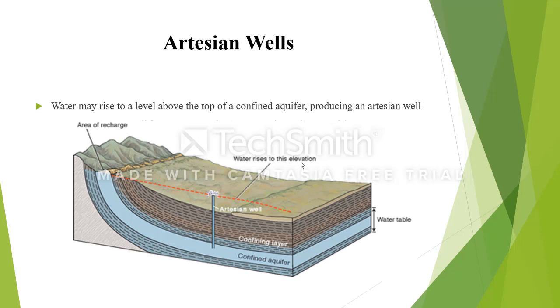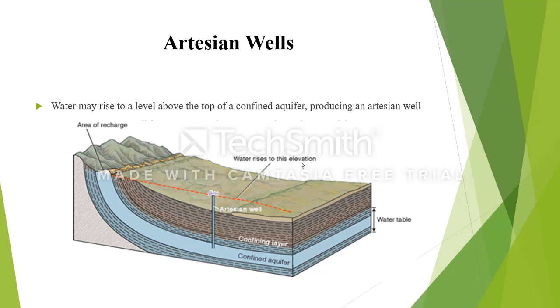What is an artesian well? In an artesian well, water may rise to a level above the top of the confined aquifer. There are two or three types of aquifer: confined aquifer, unconfined aquifer, and aquiclude.